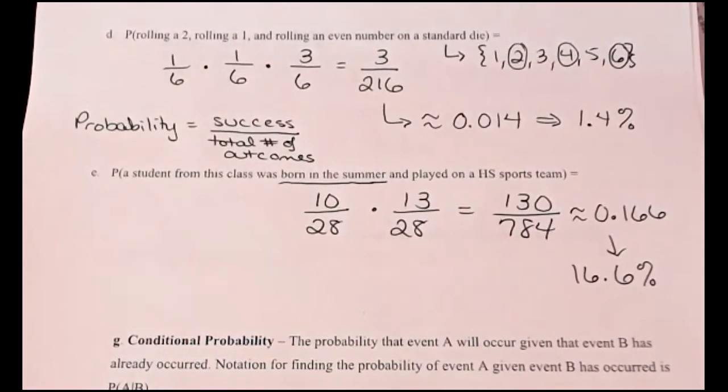So when we're applying the multiplication rule, I know you're thinking, well, shouldn't we actually pick the people who were born in the summer and then look at those and say how many of those people played high school sports? That would be a conditional probability.